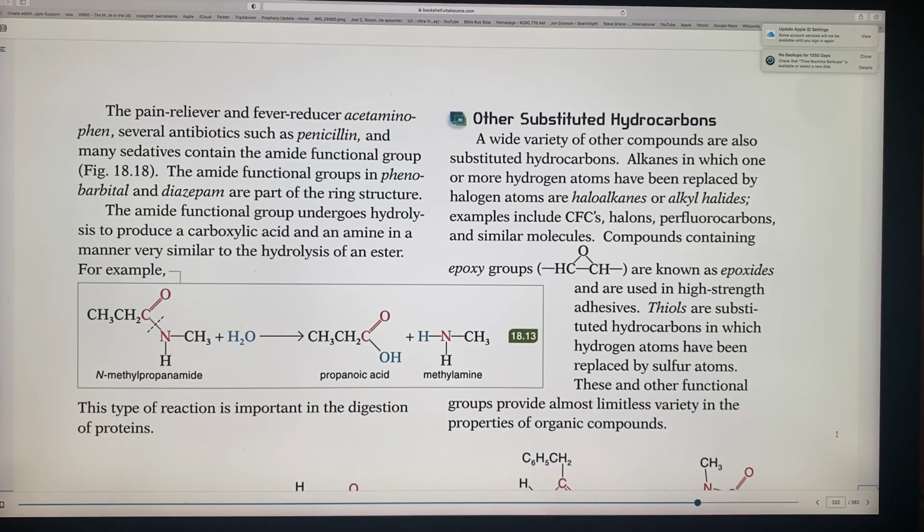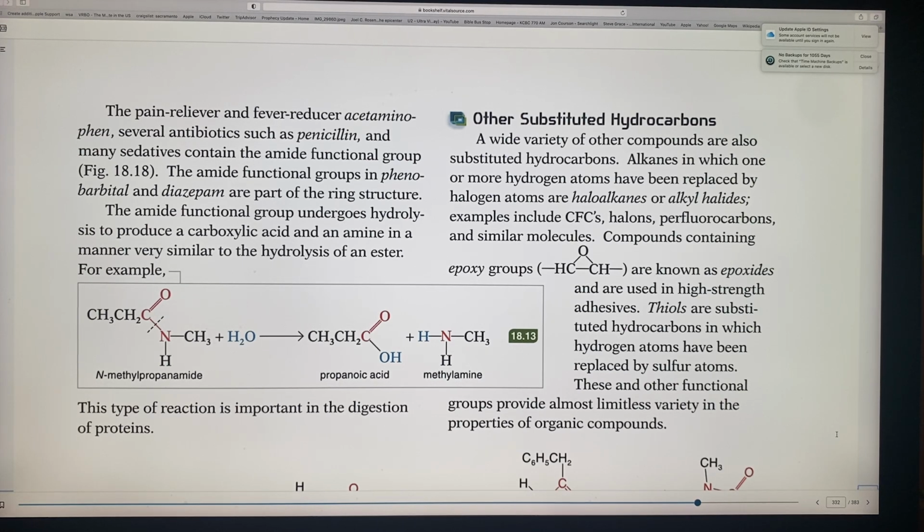There are other substituted hydrocarbons you can imagine, such as haloalkanes, alkyl halides, epoxy groups, and thiols.